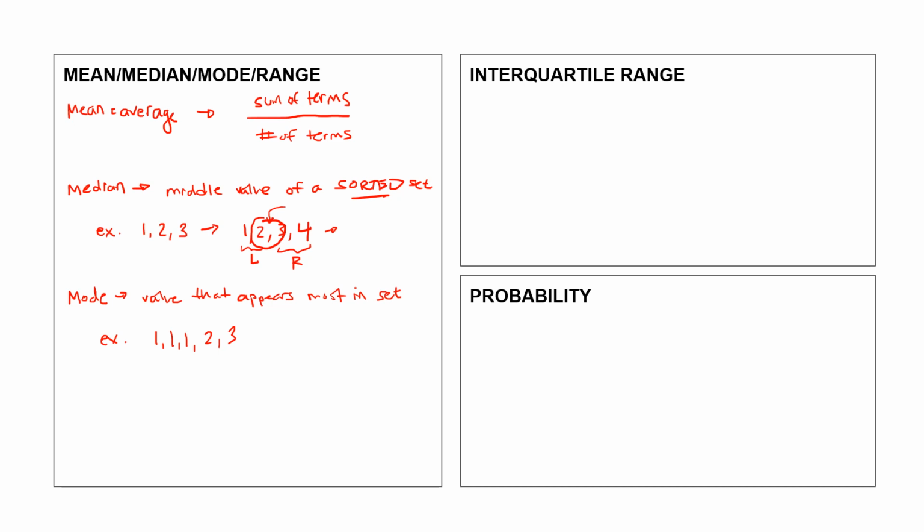So there, the mode is 1. Or you might have something like 1, 1, 1, 2, 2, 2, and 3, in which 1 and 2 are both modes. Okay. And finally, we have the range of a data set. That's just the difference of the largest value minus the smallest value.